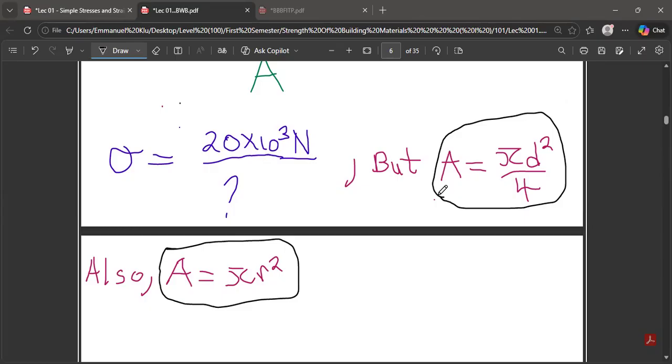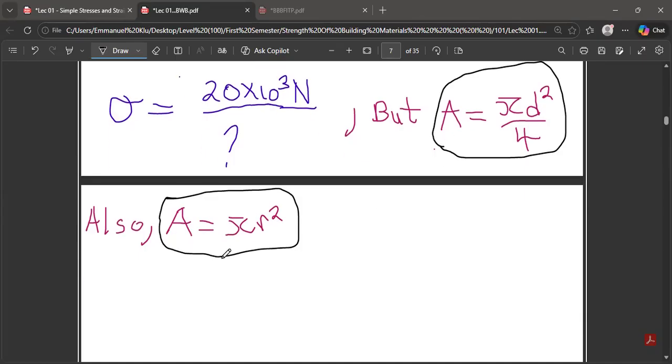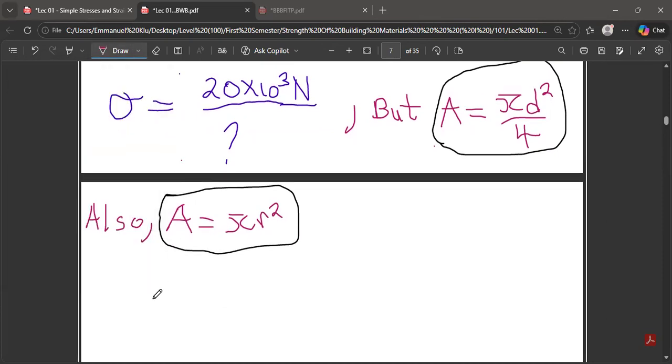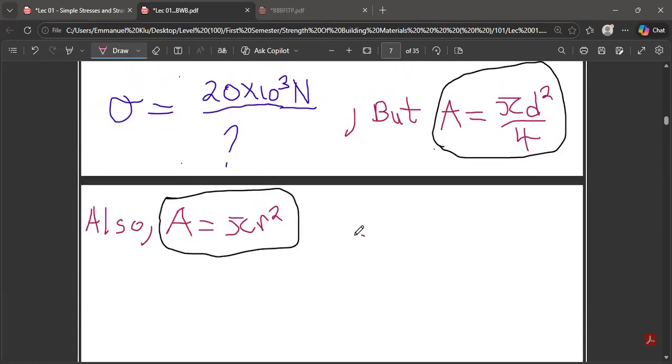But you have to know the one you're supposed to use at the right time. Let me quickly add the last one for you. Also, A is equal to pi d t.